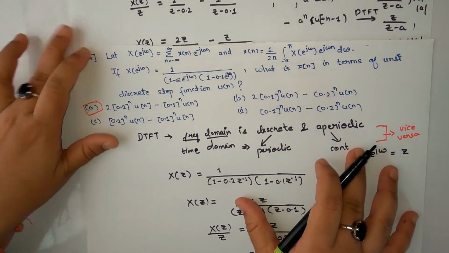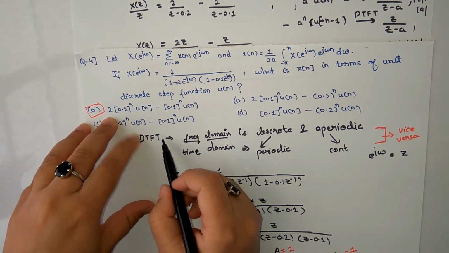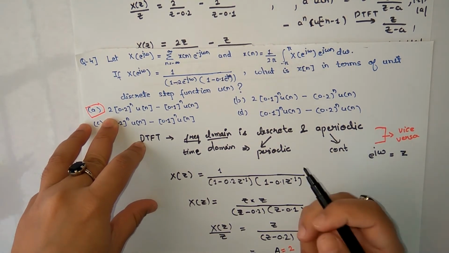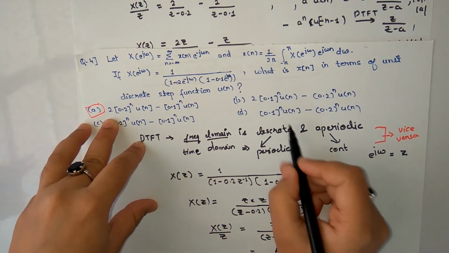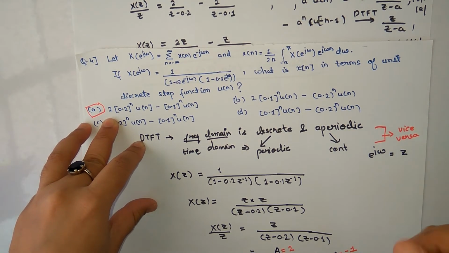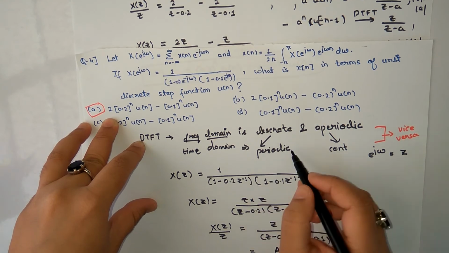The only thing from this question we need to remember is that in the discrete time Fourier transform, or as a matter of fact any transform, if a signal's behavior in one domain is discrete, then in the other domain that discrete behavior will correspond to periodic nature.